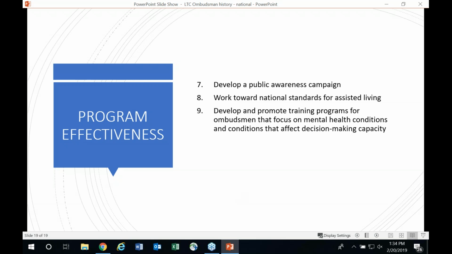And as you probably know, assisted living is not regulated federally, but only through each state. So it varies so very much from state to state. So the thought there was to try at least to work towards collective agreed upon national standards for assisted living. And then the last one was to develop and promote training programs for ombudsmen that focus on mental health conditions and conditions that affect decision-making capacity.